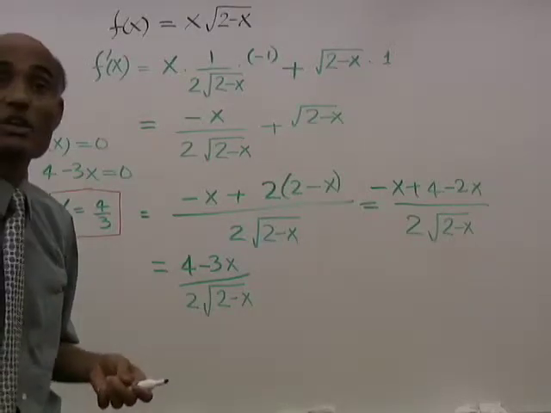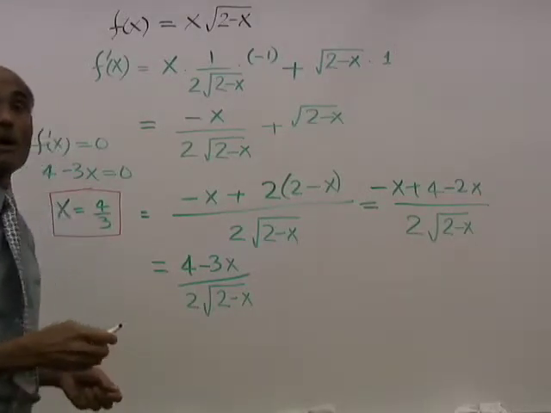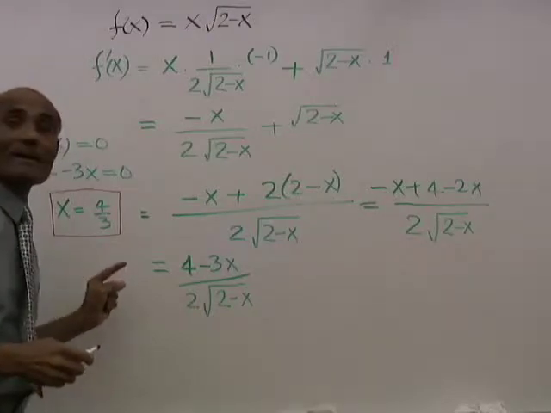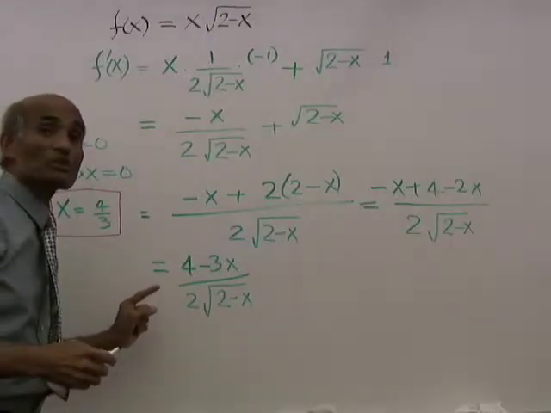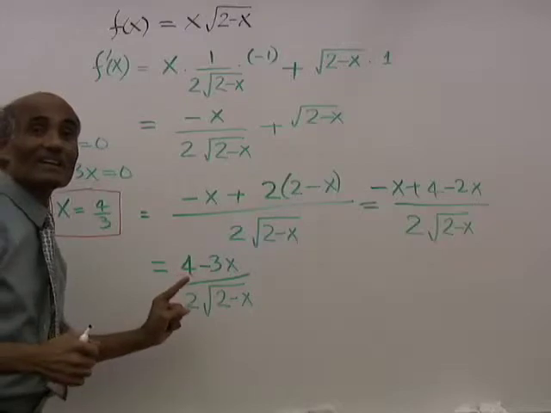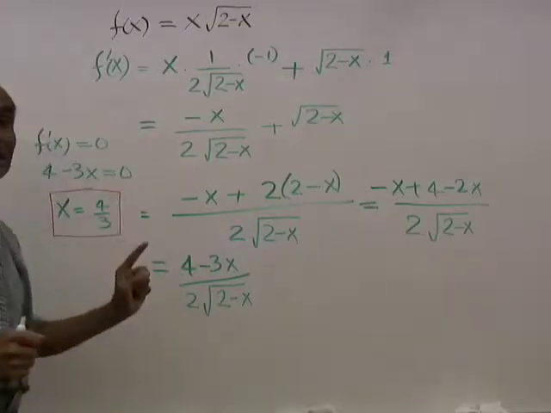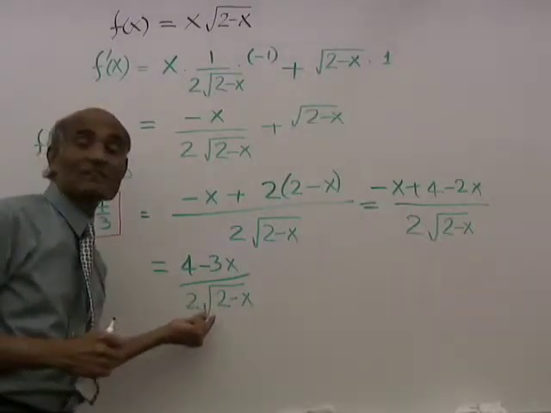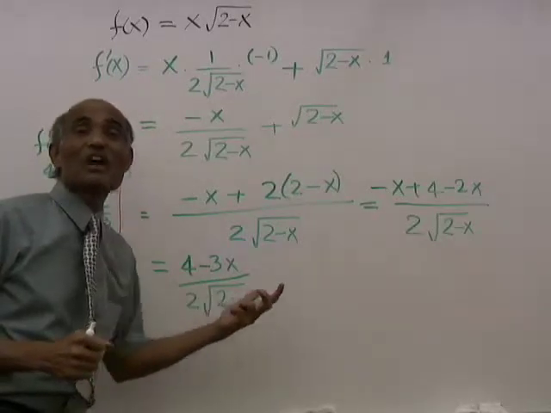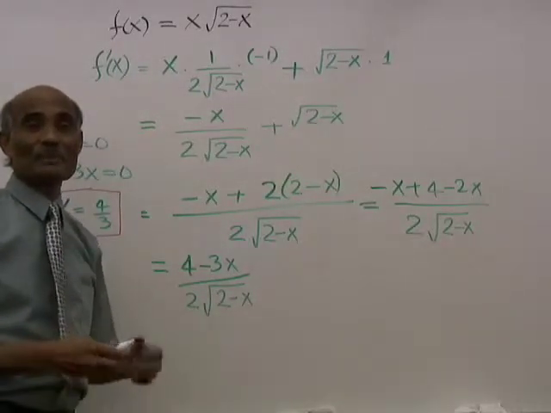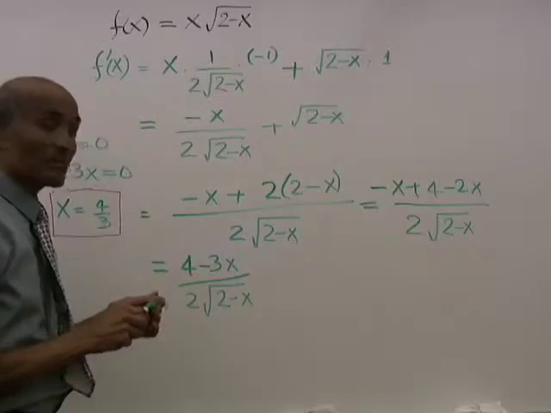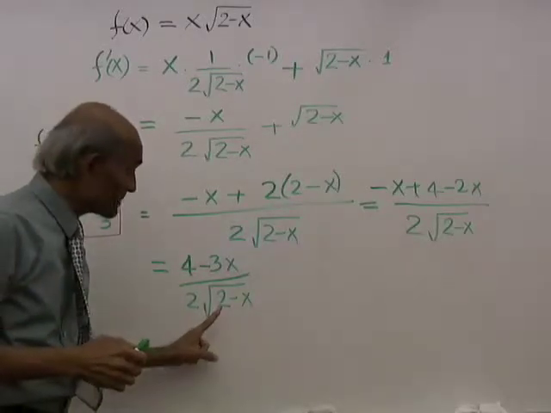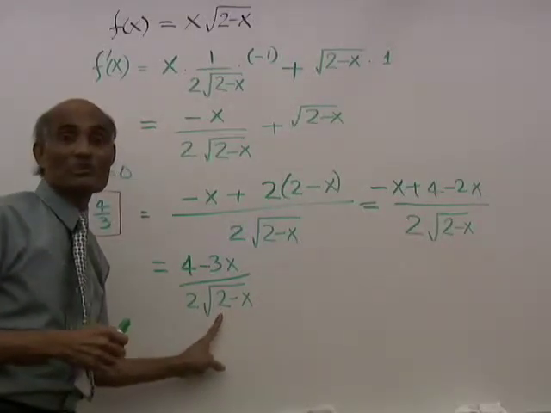Is there another critical number? Well, another critical number occurs where the derivative is undefined. Tell me, is there any x value where the derivative is undefined? Well, the derivative becomes undefined when the denominator becomes 0.